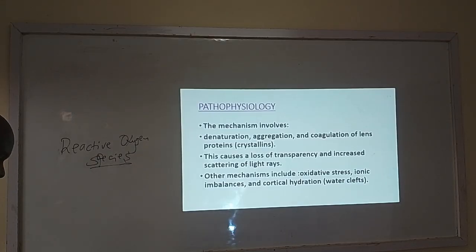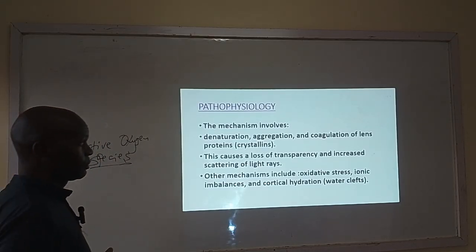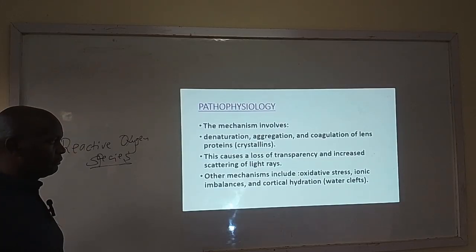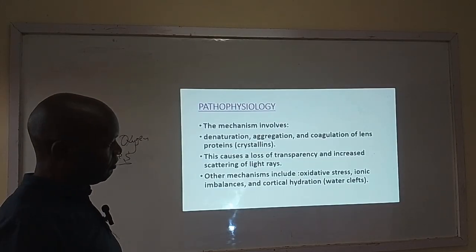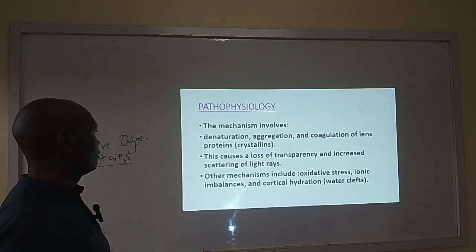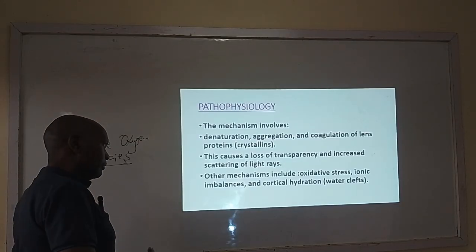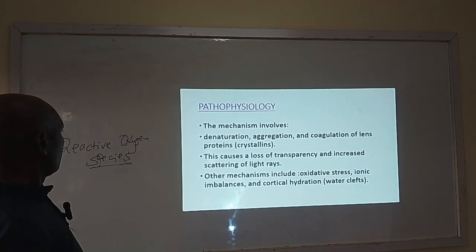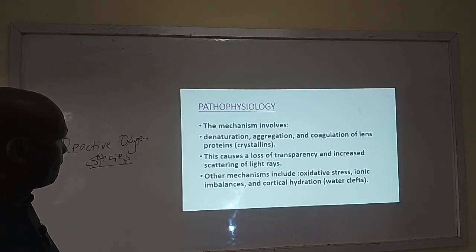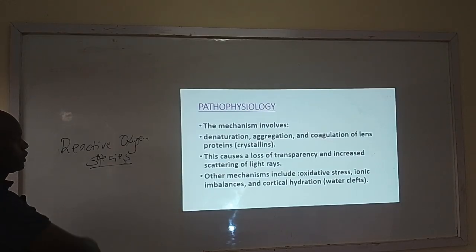During metabolism in the body, because our body undergoes metabolism all the time, which is just breaking down of molecules or building up of molecules in what we refer to as catabolism and anabolism, we have what we call reactive oxygen species.